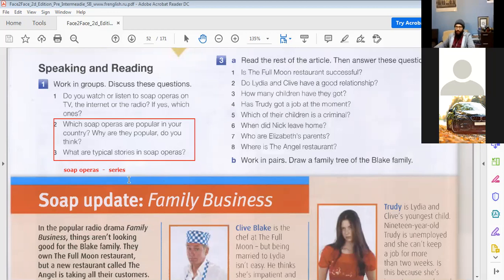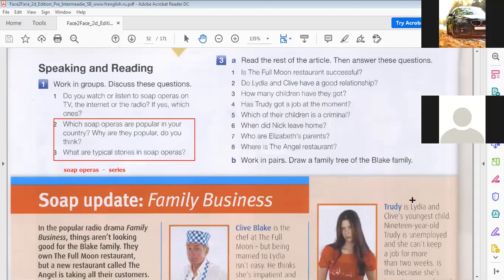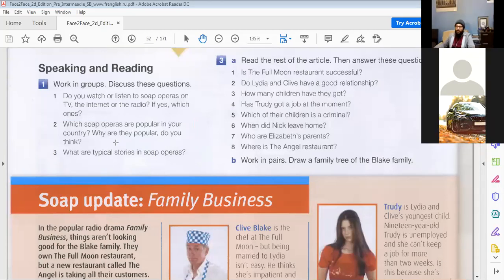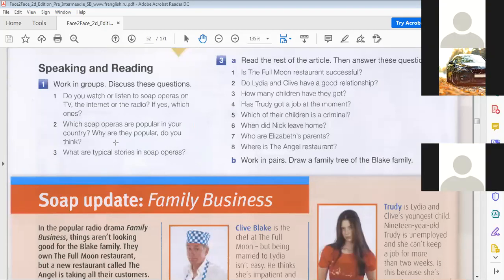Anyway, so okay. This question, maybe I answered a bit of it, but I want to see what you think. Who can give me some typical stories in soap operas? Who can think of some typical stories, the usual stories in soap operas? Who can give me an example?